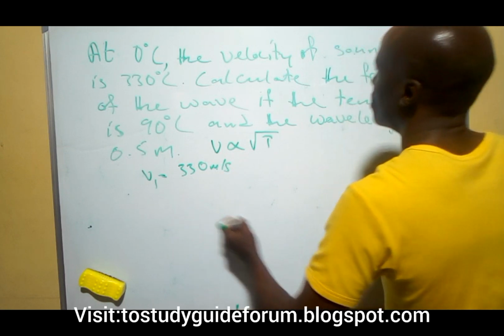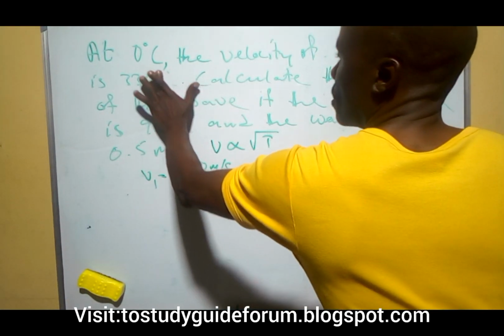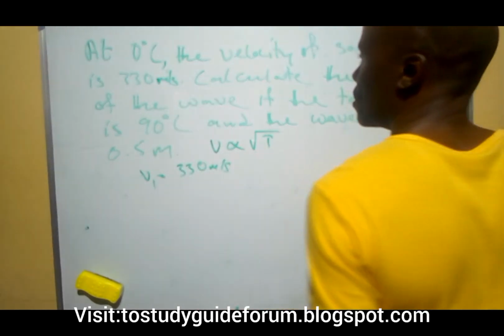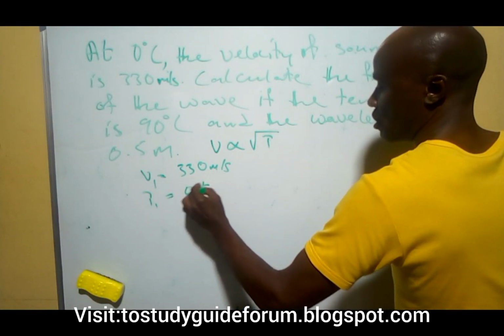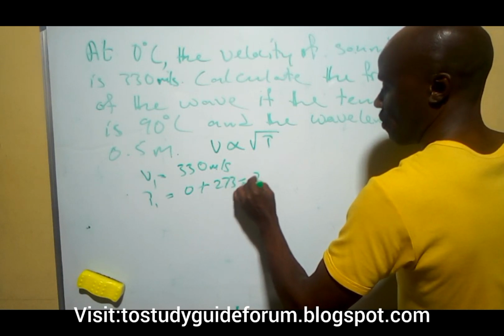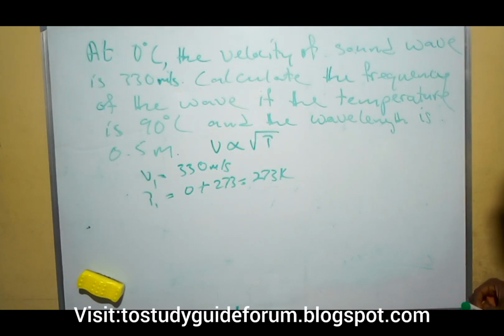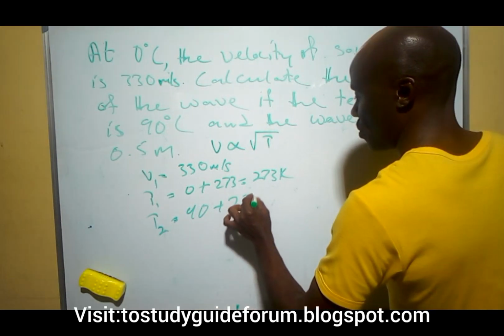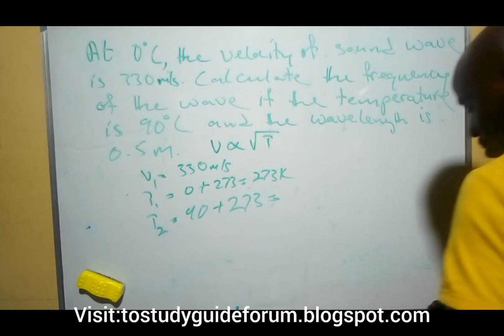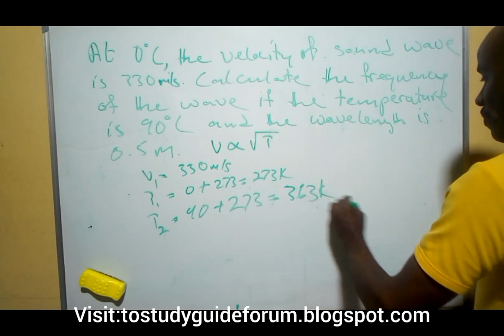The velocity is this, in meter per second, and then the temperature, which is 0 plus 273, that will give us 273 Kelvin, and the increased temperature, which is 90 plus 273, that will give us 363 Kelvin.